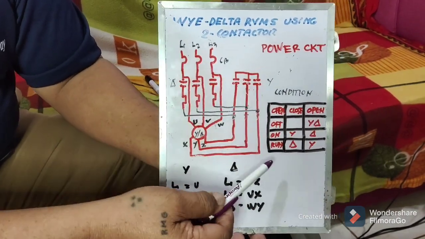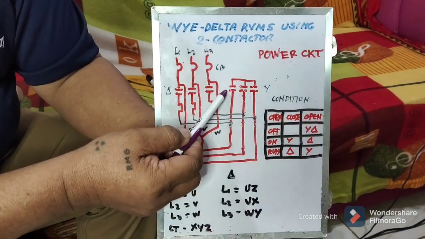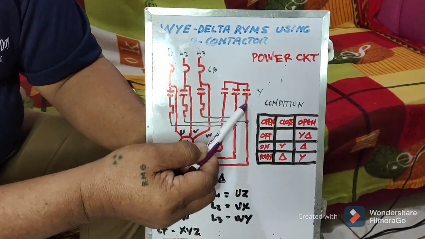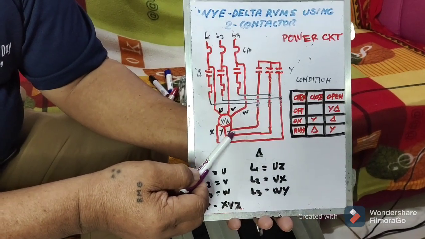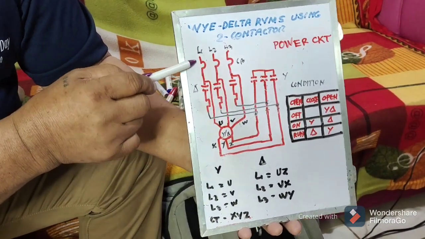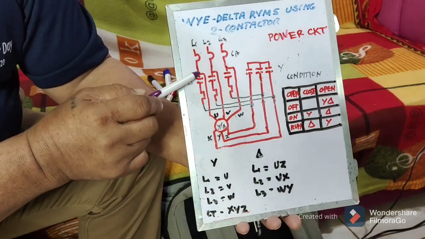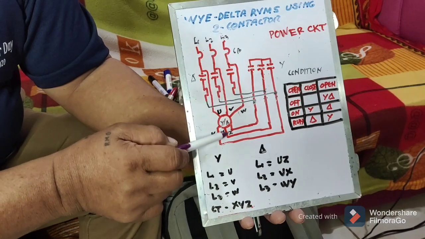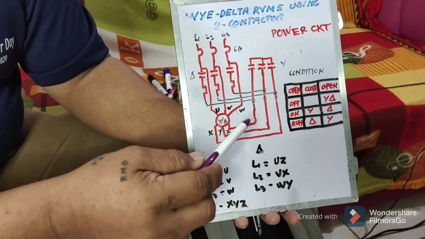Again, when you press the on or start button, the first one that will energize is the Y contactor, short circuiting the X, Y, and Z. So, considering that the breaker is already on, the current will immediately go to your windings. So, the motor is Y connected.